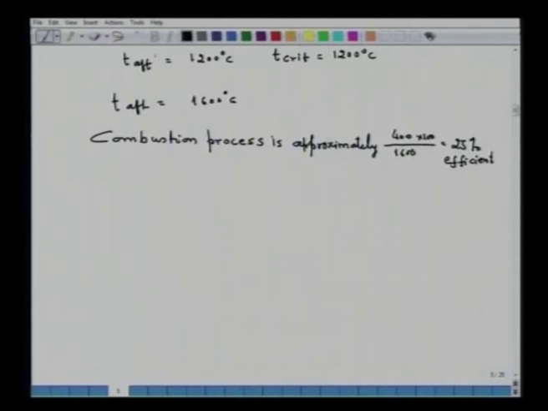Now, can you get a feel of the importance of adiabatic flame temperature calculation that I have illustrated also in my lecture number 12.